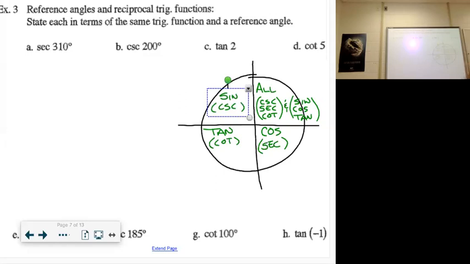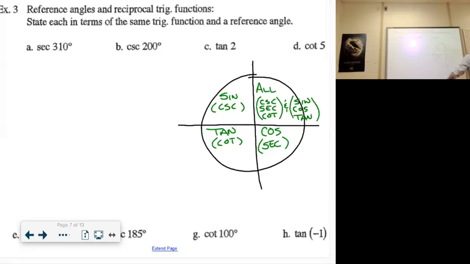Tangent is the only function that's positive in the third quadrant, and because cotangent is the reciprocal, tangent and cotangent of any angle that terminates in the third quadrant produce a positive value. Lastly, cosine is the only positive function in the fourth quadrant. Since secant is its reciprocal, cosine and secant are the only two trig functions that are positive there.